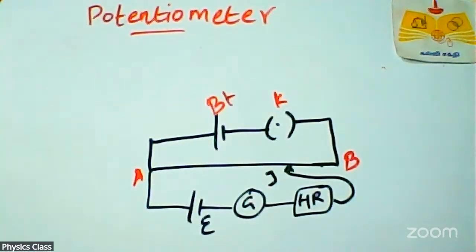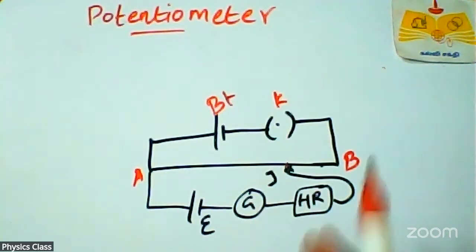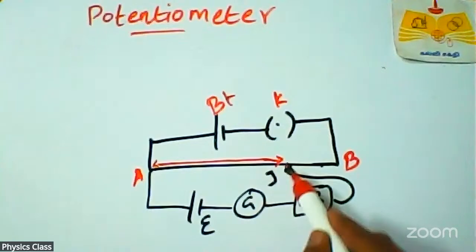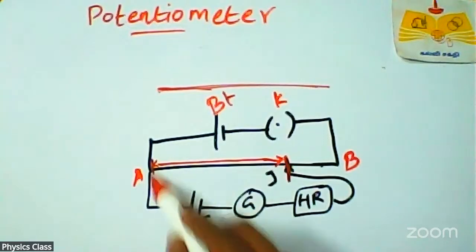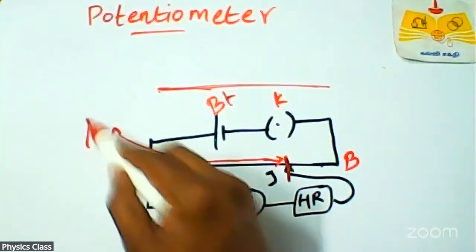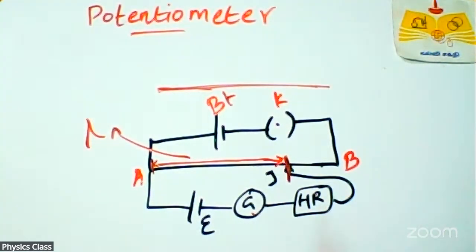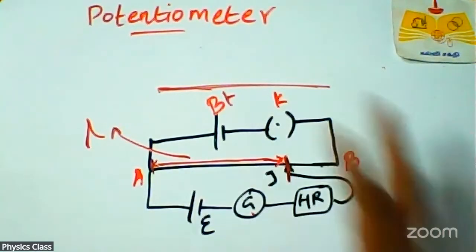Suppose the jockey is over here and the galvanometer shows zero deflection. Then we have to calculate the distance from this position to this position using the scale, because in this position the galvanometer shows zero deflection. So the battery, key, and the potentiometer wire, and the EMF and the galvanometer with high resistance are connected like this.